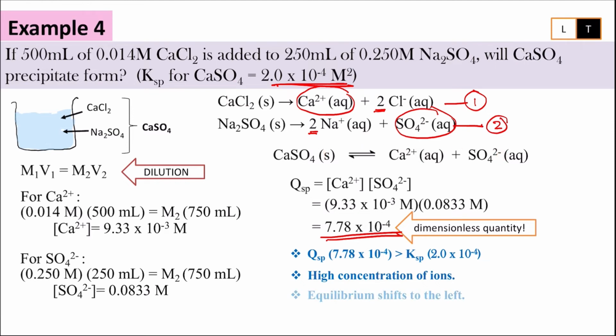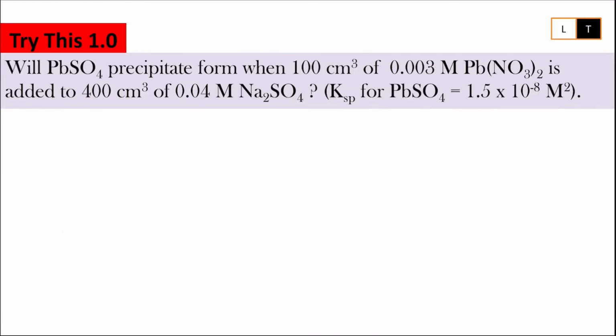So bila equilibrium shift to the left, awak boleh nampak bahagian left adalah CaSO4 solid. So we can conclude precipitation will occur. So settle untuk example 4. Saya tinggalkan at try this 1.0 untuk latihan awak.